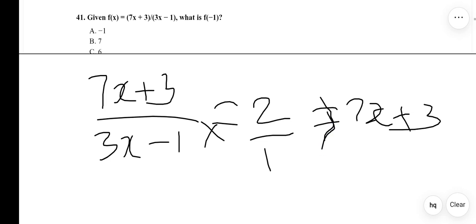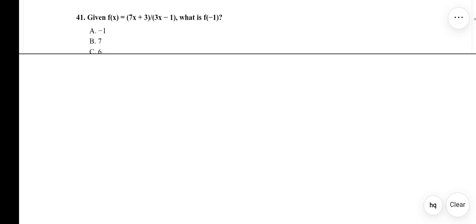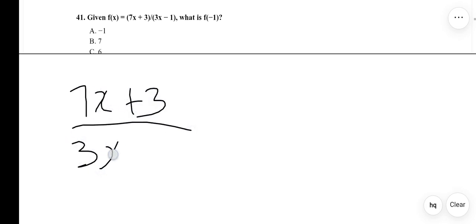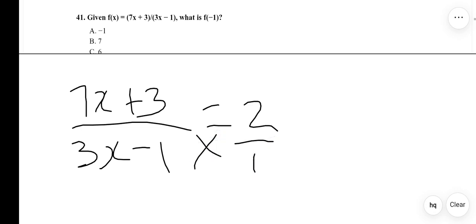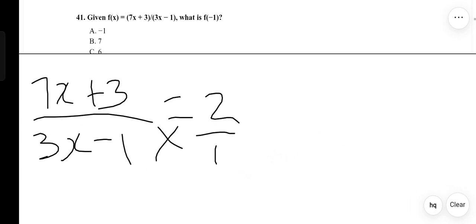Let me rewrite it so that I will not be confused. 7x plus 3 all over 3x minus 1 will give me the same value as the input of my inverse, which is the same value as the output of my normal function. So with this knowledge, 2 is same as 2 over 1, then I'll cross multiply. Let me do it the normal way.